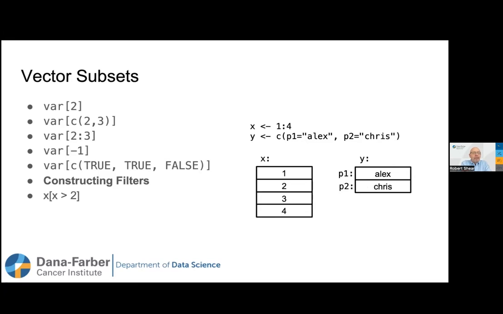You subset vectors, which would be atomic vectors here, by giving a number of them, and the number can be a single number or it can be a vector of numbers. These are the same vector. And so here I should get the second and third element of a variable var returned.